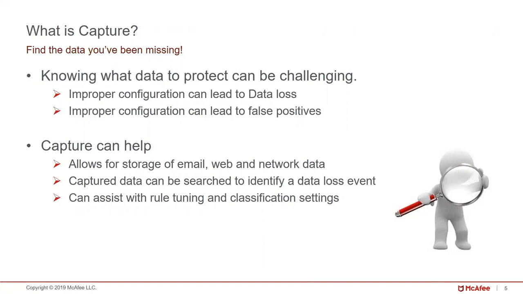The capture data can be searched to identify a data loss event. And then you could also use role tuning to adjust DLP rules that you have configured if you're either seeing a false positive or if you're not capturing data in your roles that you expect to. So again, this will help you alleviate those types of issues.